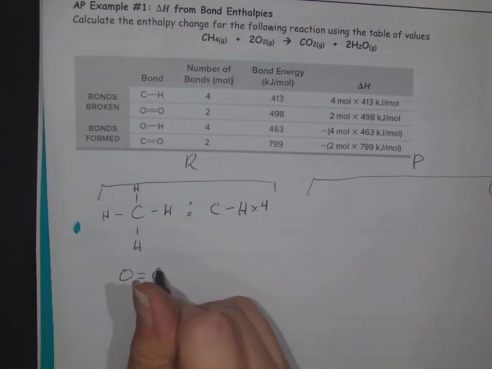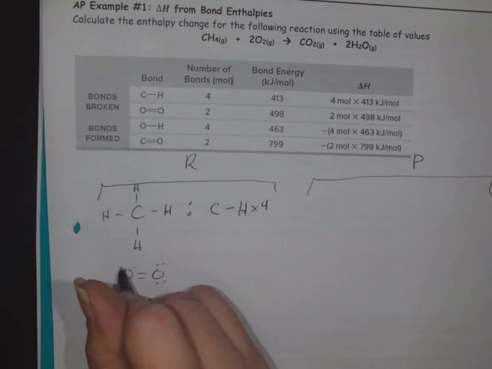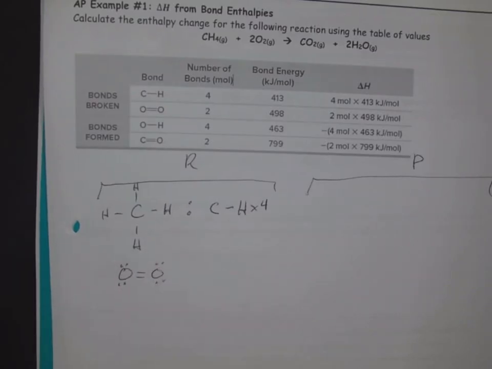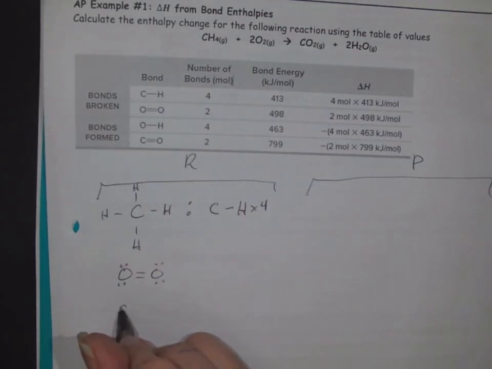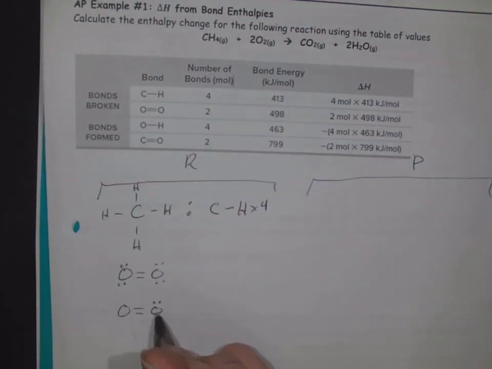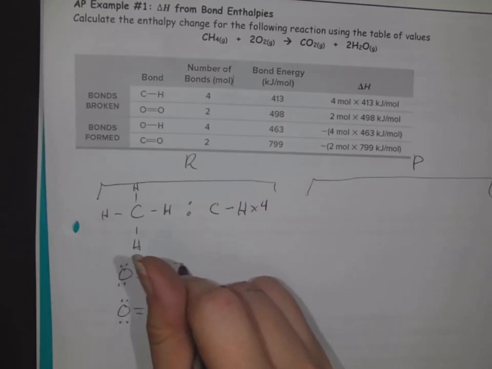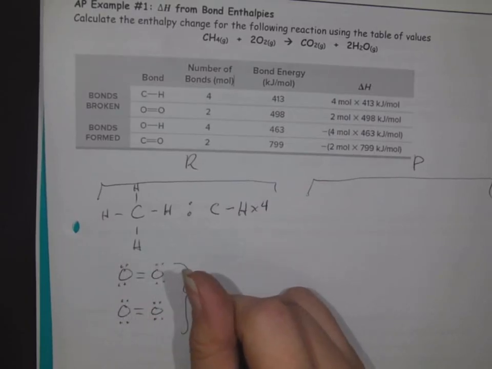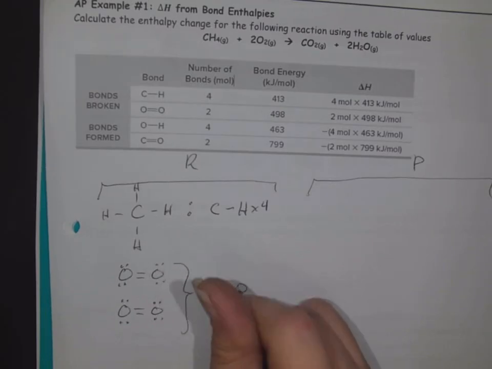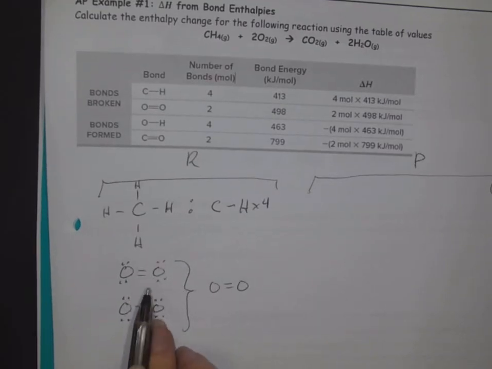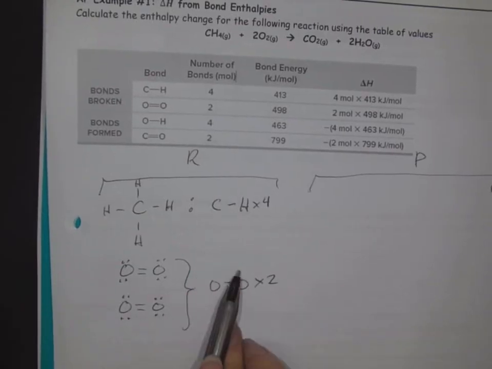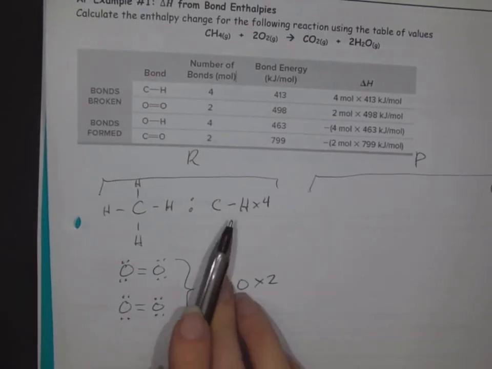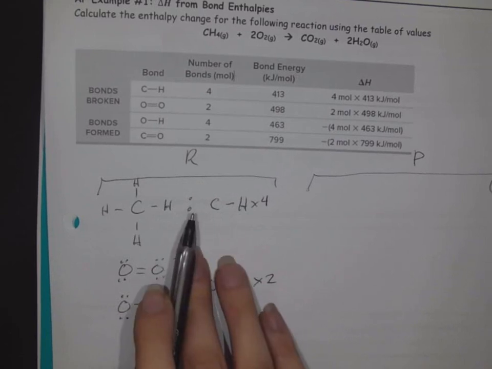If you draw that Lewis dot structure, here's a single O2, but we need 2 O2s. And so for this oxygen double bonded to an oxygen, I'm going to break this double bond twice. So I need to consider all of those. I need to add all those together to get the energy of the reactants.